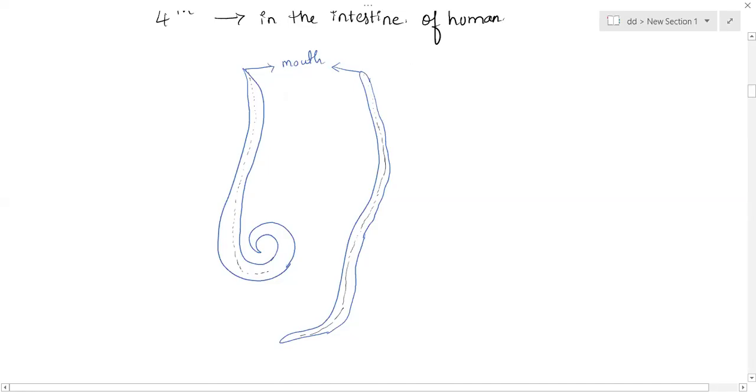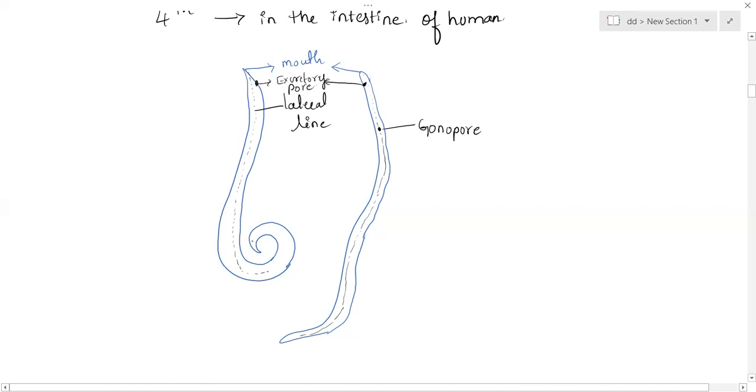Especially in the female, there is a gonopore, whereas the male has a lateral line. Here is the excretory pore.